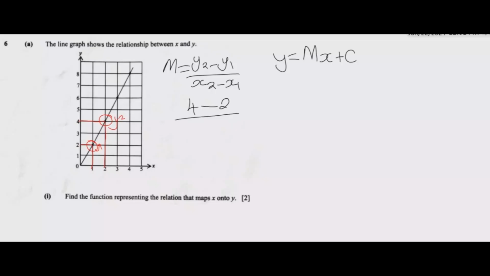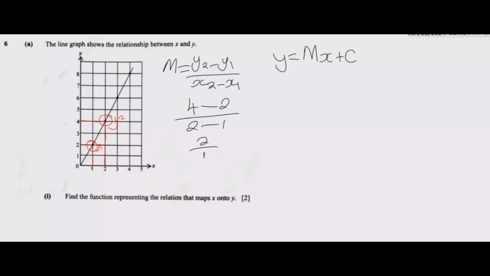Now when you look at the x-axis, we see that x2 is 2, so we say 2 minus, and x1 is 1, so minus 1. Then 4 minus 2 will give us 2, over 2 minus 1 will give us 1.